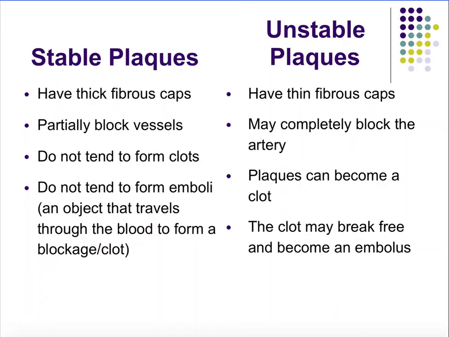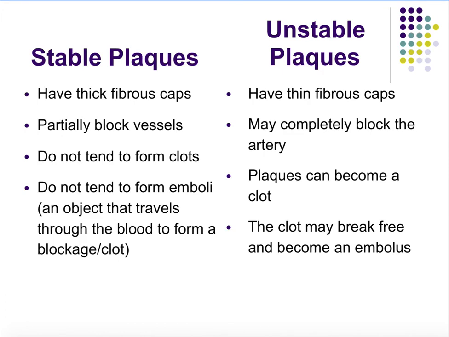Okay, next. There are different types of plaques that can form. We have a stable plaque and an unstable plaque. So let's go through the characteristics of each. A stable plaque is stable because it has a thick fibrous cap. So it has this nice thick cap around it, so that smooth muscle layer is nice and thick.